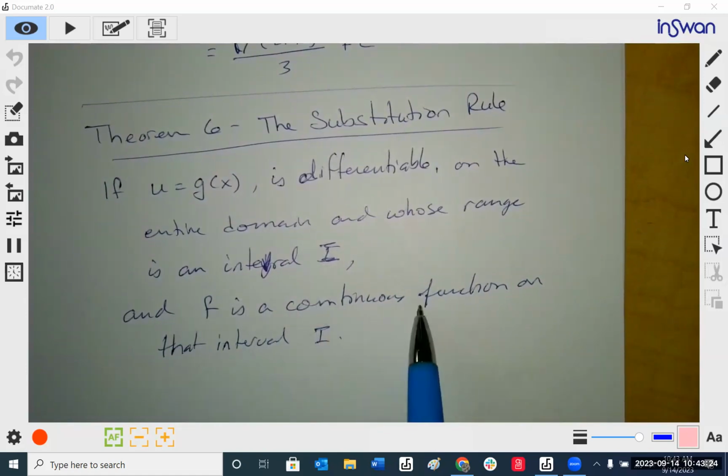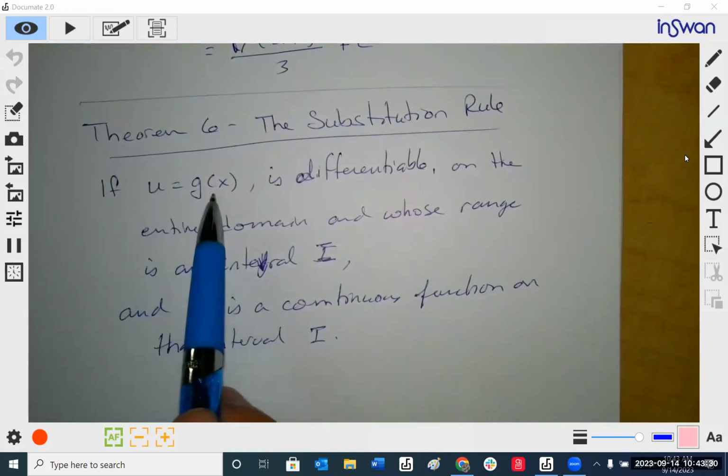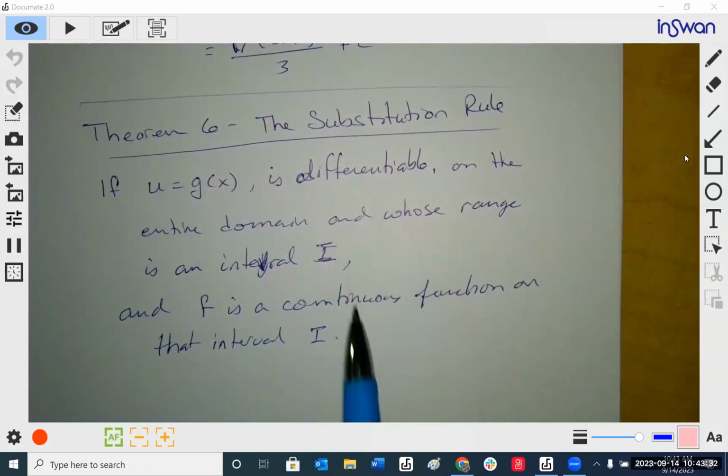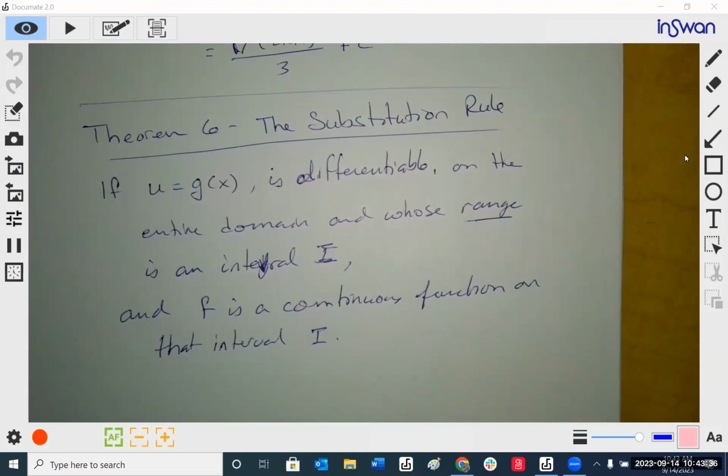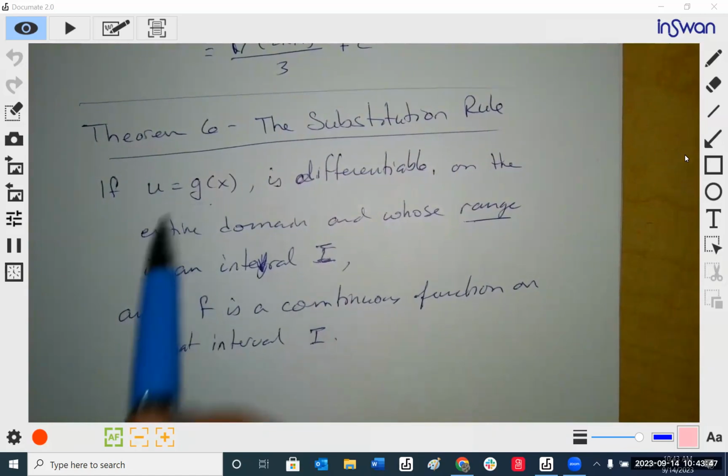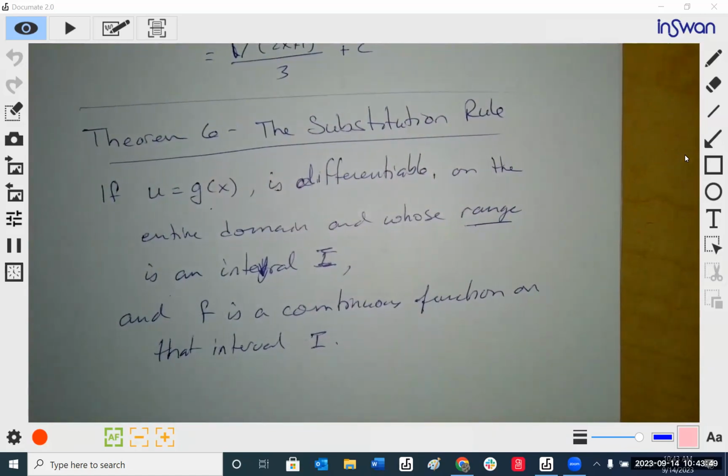and f is a continuous function on that interval, what does that mean? What is that telling us? G is differentiable, and its range. Why is its range important? Well, because remember, if we take an integral of something, that's the derivative.